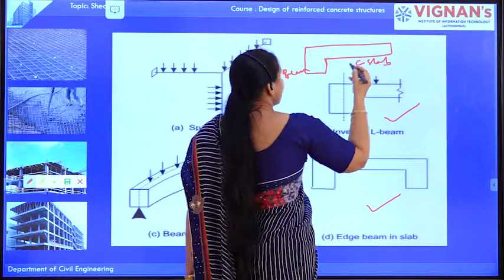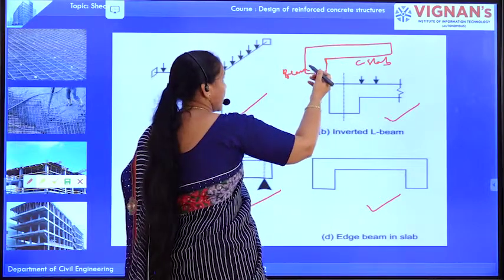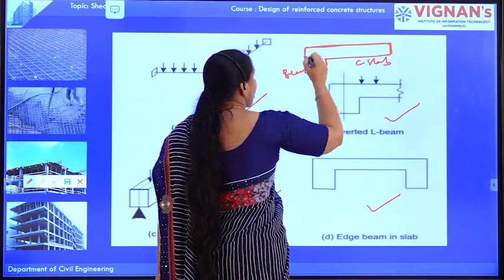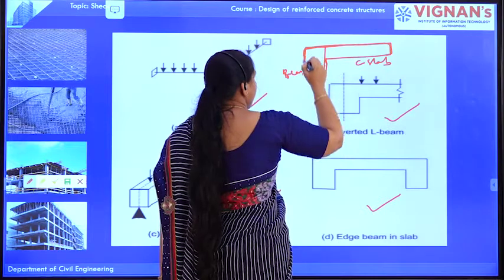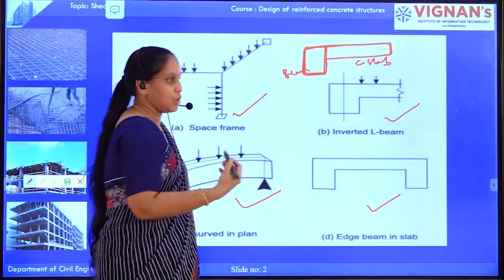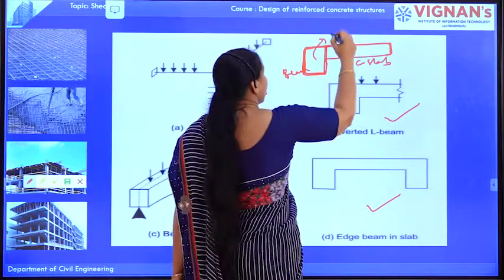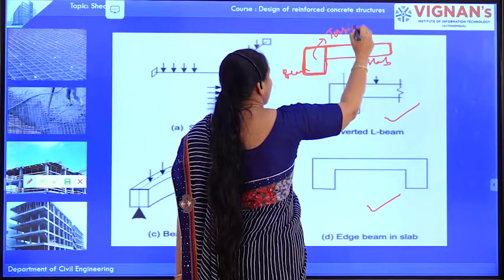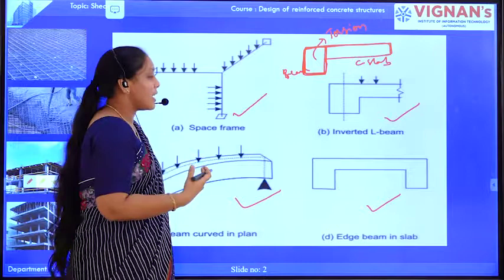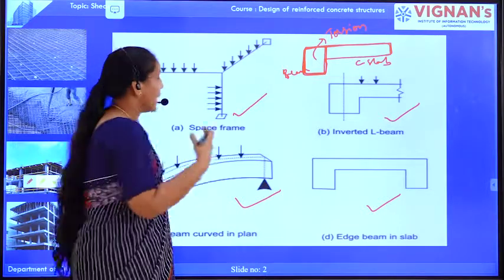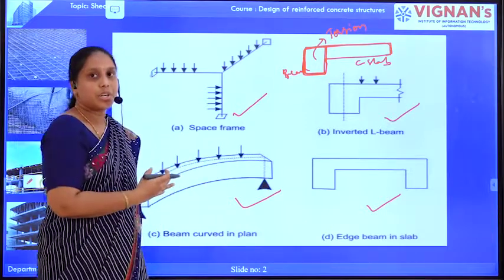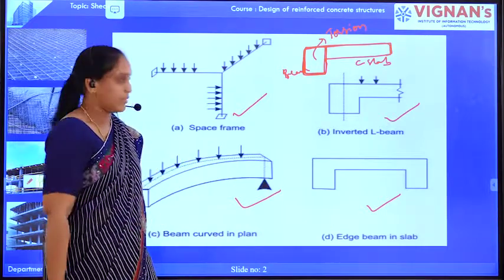What happens if this slab is loaded? Due to this cantilever slab, this beam will have the effect of torsion. So this is a case where the beams are generally subjected to torsion, and these are all the other cases where the beams are subjected to torsional moments.